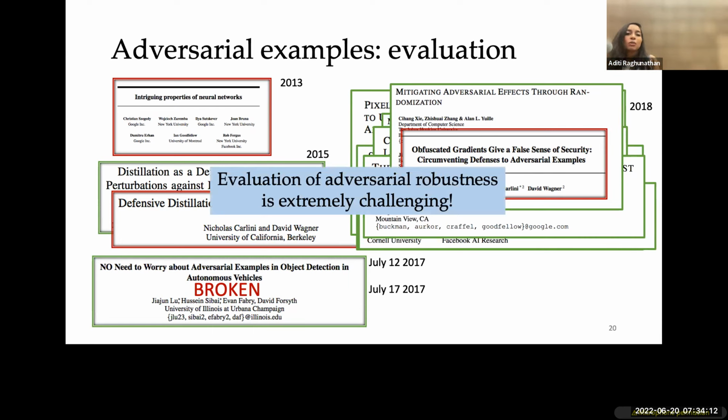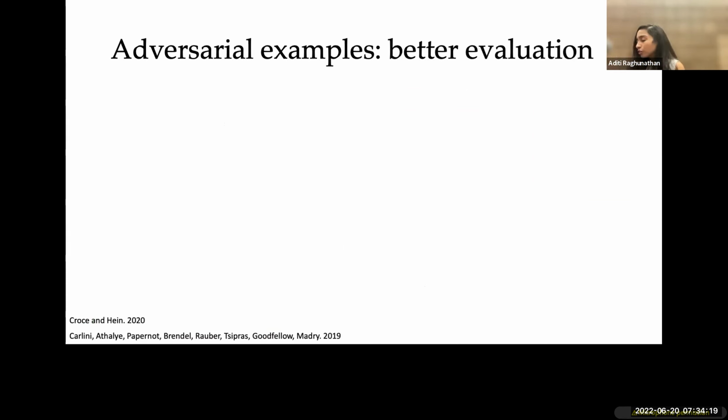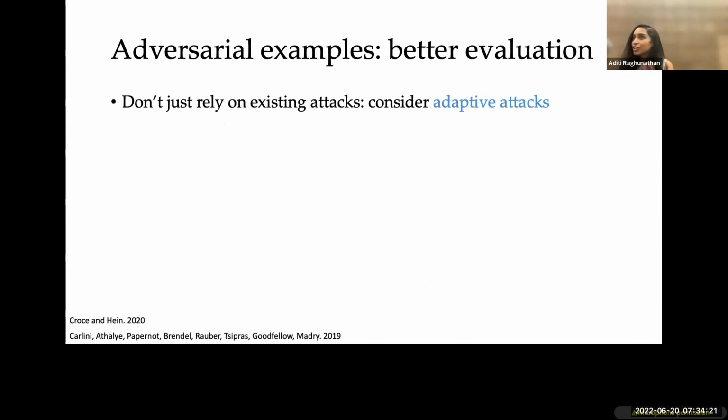So evaluation of robustness is indeed quite challenging. What could you do? There are some natural better practices we could use, such as considering adaptive attacks. Don't just rely on whatever people have tried to break systems with; really go hard and try to break your new idea.